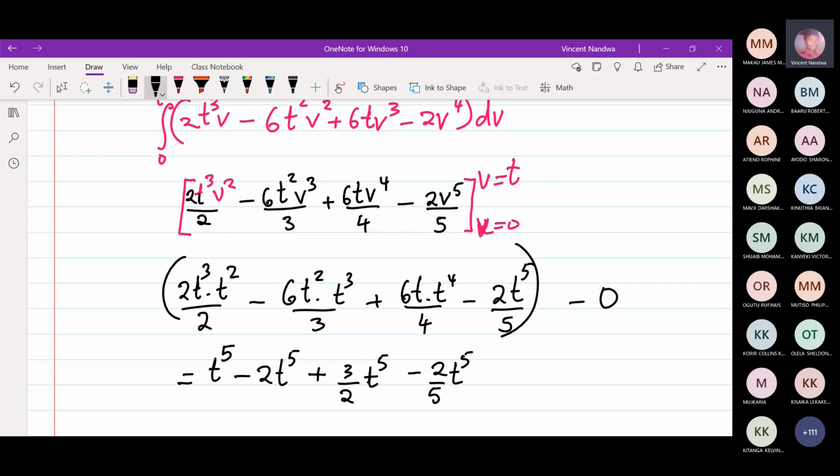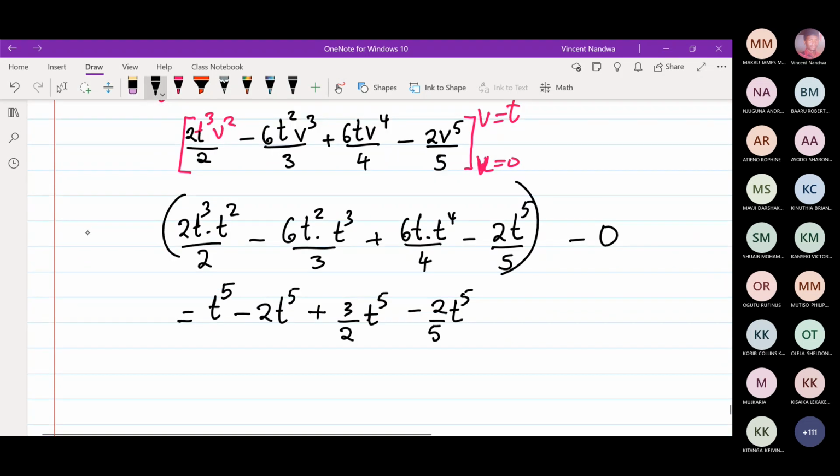So just add 1 minus 2 plus 3 over 2 minus 2 over 5. What do you get? T to the power 5 over 10.